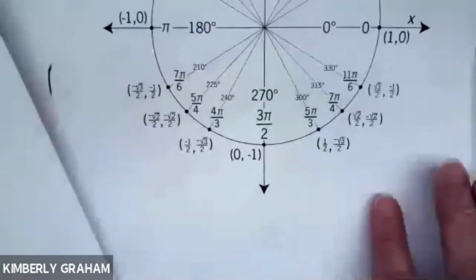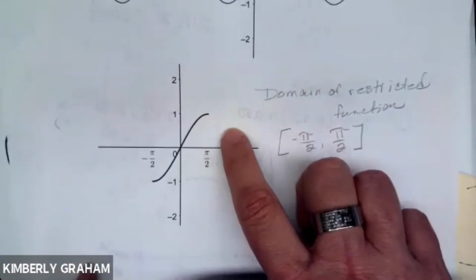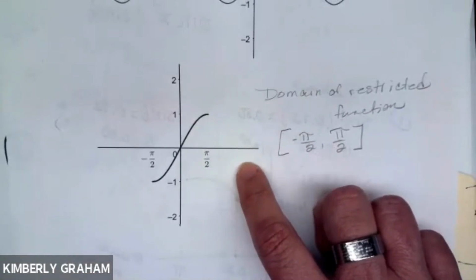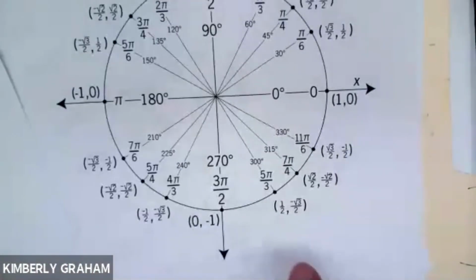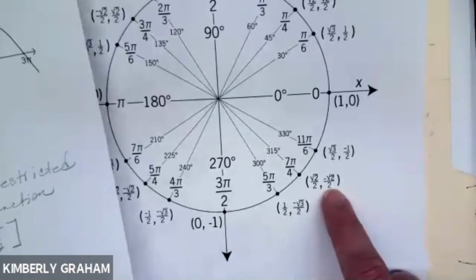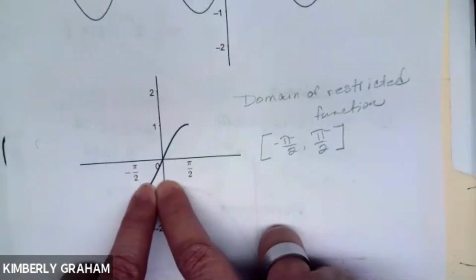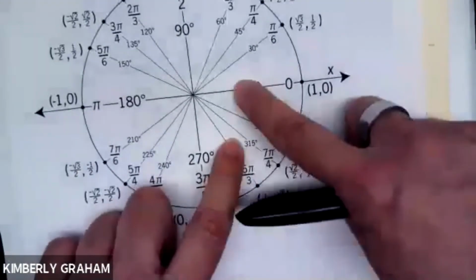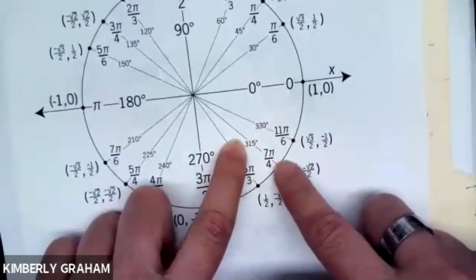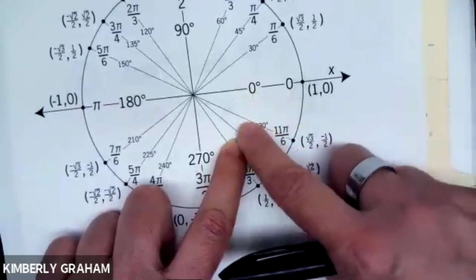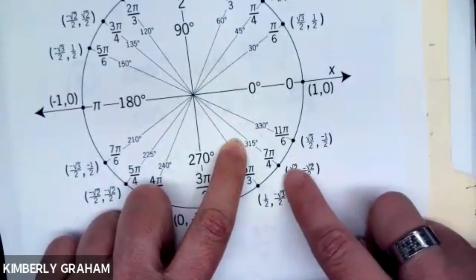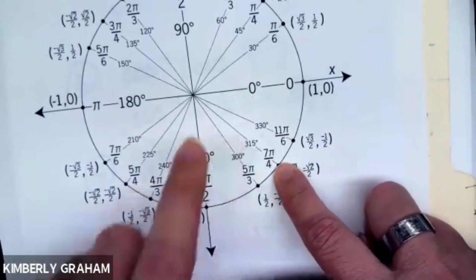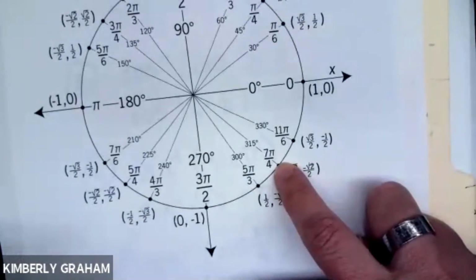I can't go out to 7 pi over 4. If I kept going down here, I'm going to have a y coordinate of negative square root of 2 over 2, and that's going to match up with some angle in here. This angle of 7 pi over 4, I just need to rename it to where I get to that same landing point, and that's going to be negative pi over 4.